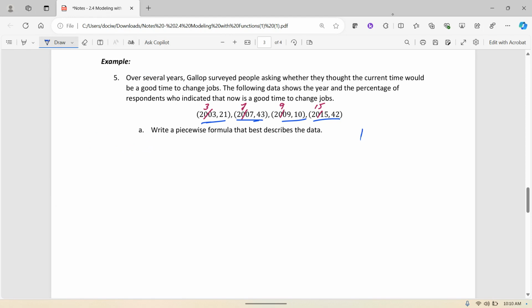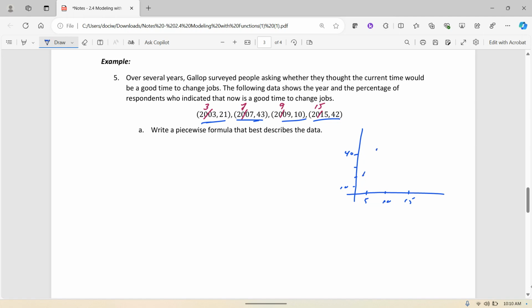Let's suppose that we did a rough sketch. It's 5, 10, 15, and 10, 20, 30, 40%. If I plot these points, (3, 21) is right about here. (7, 43) is way up here.